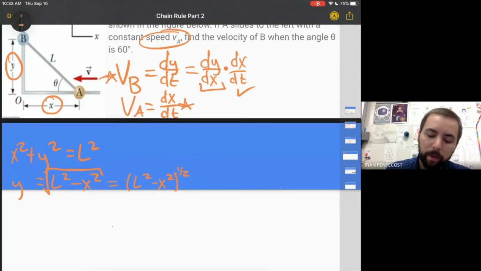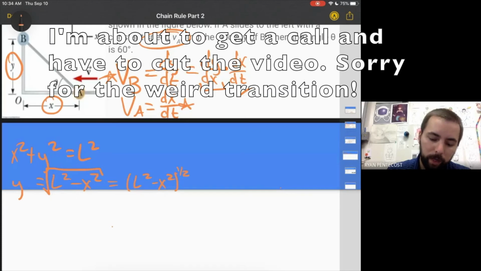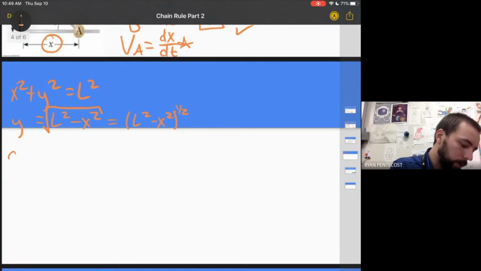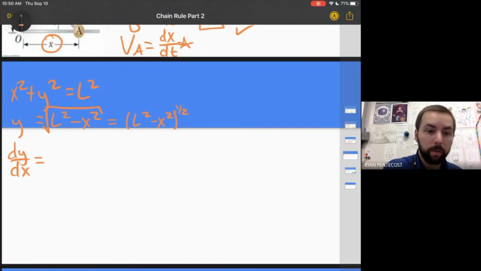We have a function taken to an exponent, so there are actually two pieces to this. So we can use the chain rule here. Let's take the derivative of the outside and then multiply that by the derivative of the inside. Let's take the derivative of y with respect to x.